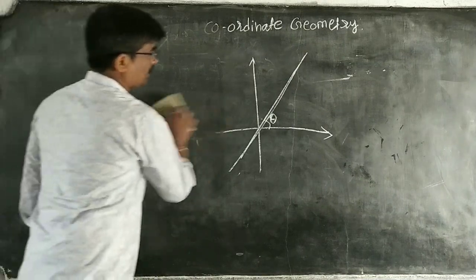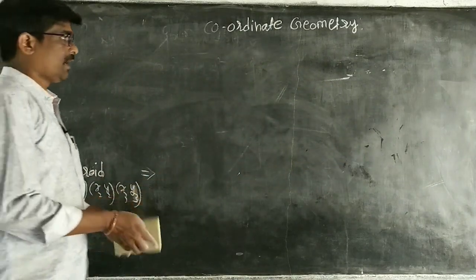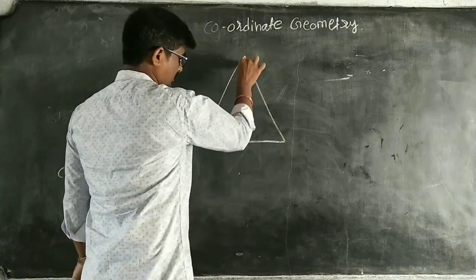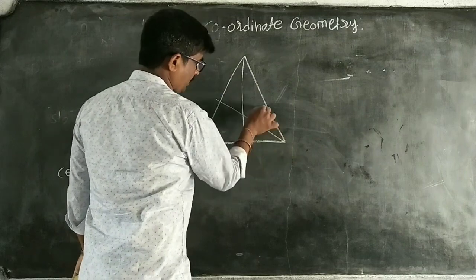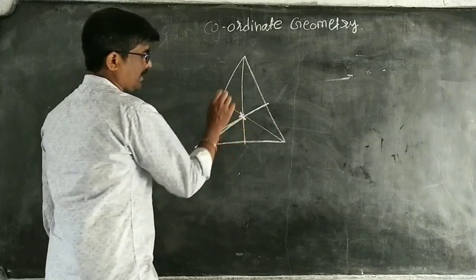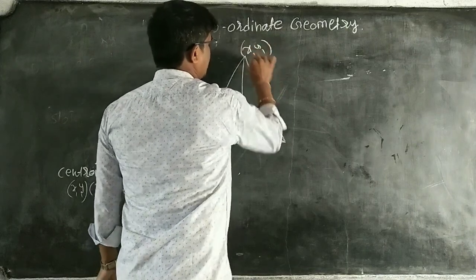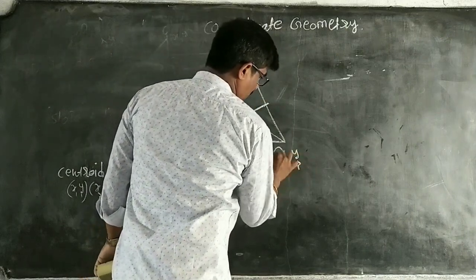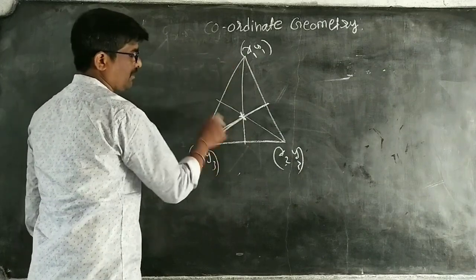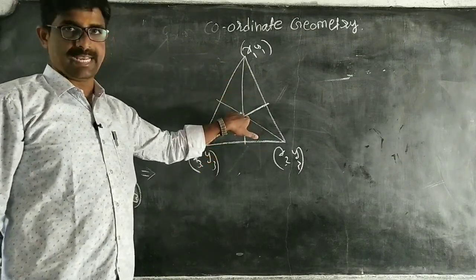Slope. Next one, the centroid. What is the centroid? Take any triangle. The intersection point of the medians is called the centroid. If the vertices of a triangle are x1, y1, x2, y2 and x3, y3, then the centroid is the intersection point of the three medians.